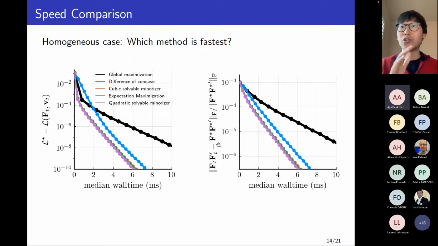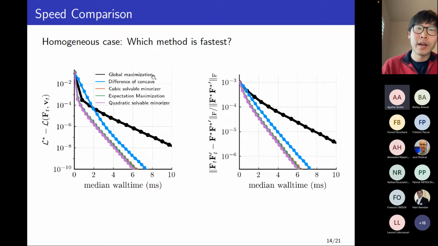We're looking at the alternation, but where we're using different choices of the V update. Another complicating factor is, if I do a better job of optimizing with respect to V in this step, maybe that will help me in the F update, or maybe it doesn't help me. This is what we're trying to investigate: how does all of this play out when you put it all together?